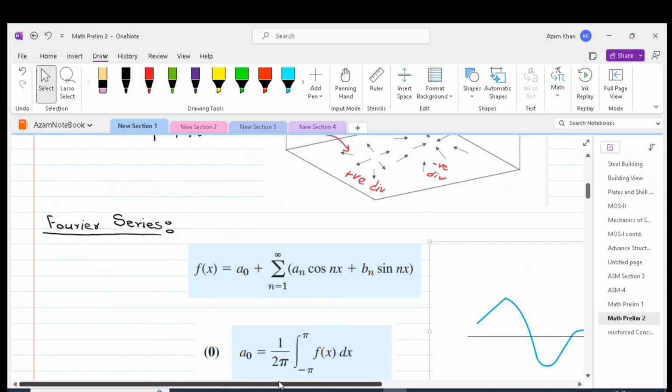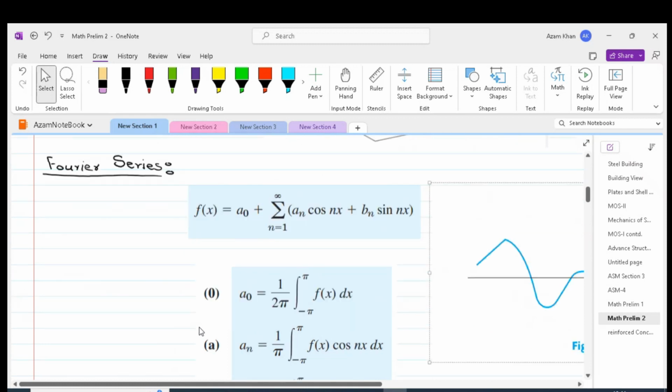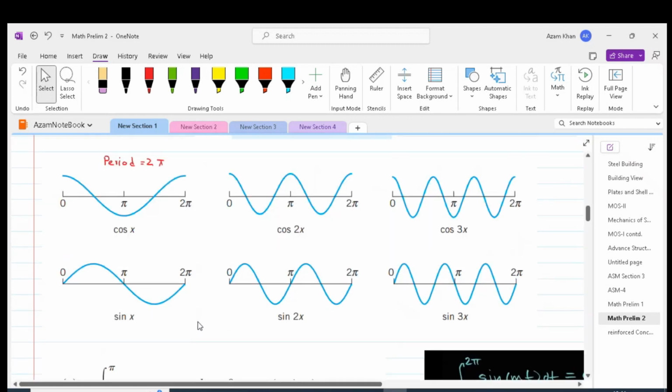So from this, one advantage of Fourier series can clearly be seen. Fourier series can tell us how many frequencies the unknown function is made up of and which are the governing frequencies.